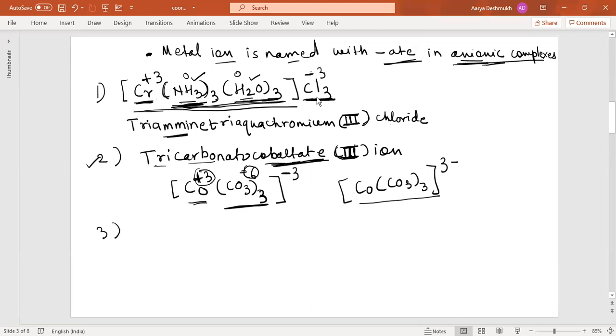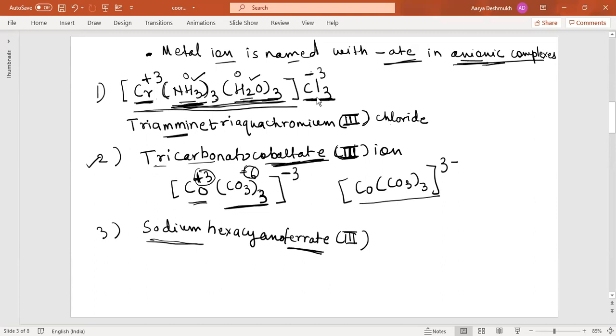Now the next example we will take: sodium hexacyanoferrate. Now this sodium is again a metal, and this ferrate means Fe, which is also a metal ion.